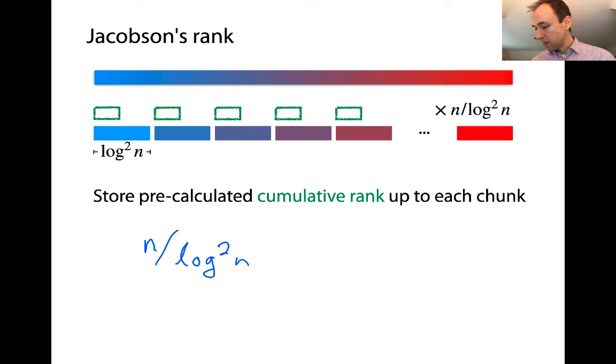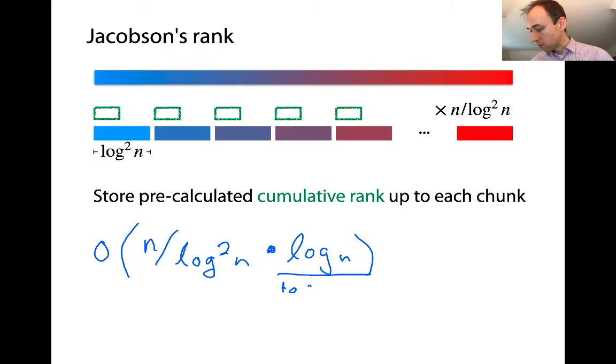So it would be reasonable to say that the big O space required would be this first term, which is the number of chunks, so the number of pre-calculated cumulative ranks. And then we're going to multiply that by log n, which is how much space we need to store one cumulative rank.